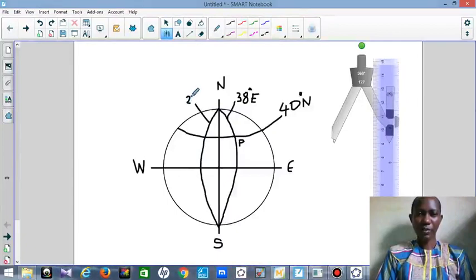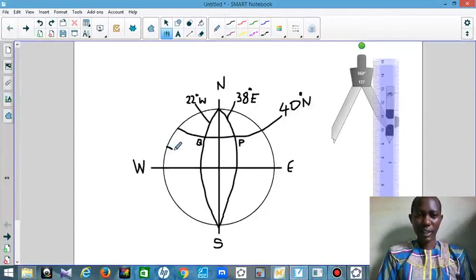22 degrees west. Then the third point, let's label Q also. This is point Q. Then the third point is 28 degrees north. So it will be lower than 40. No, 40 is higher than 28. The tip here is 90 degrees, and if we take it as 40, then 28 should be under.